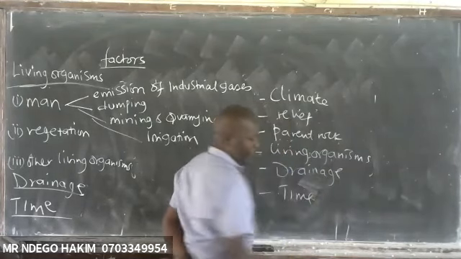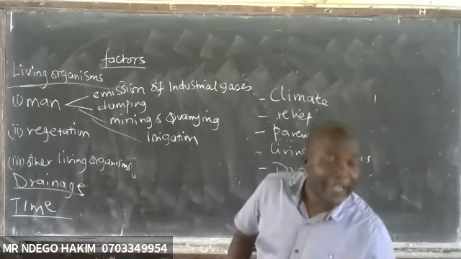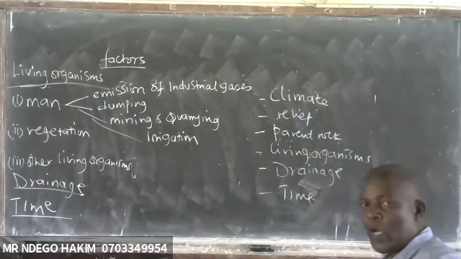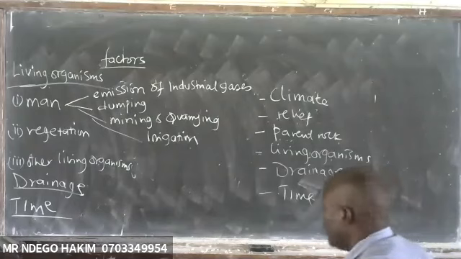Those are the factors that account for the dominance of chemical weathering in the tropical humid areas of East Africa.